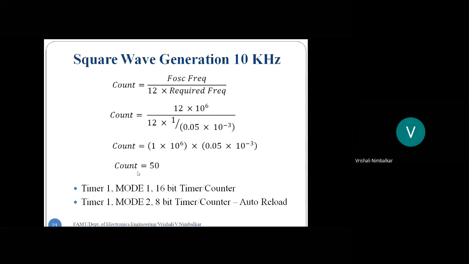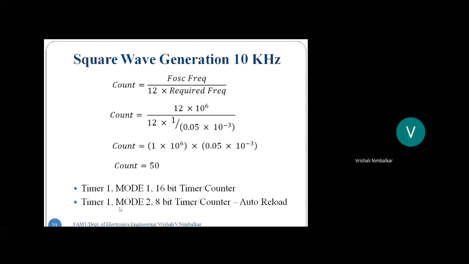Right. Now, depending on the count calculation, I can decide to operate in mode 1, or let the timer be operated in mode 2. Both are applicable. Is that okay? Now, whenever I say a square wave, that means it is continuous, so the timer should operate continuously.